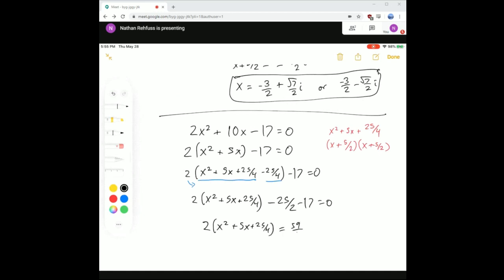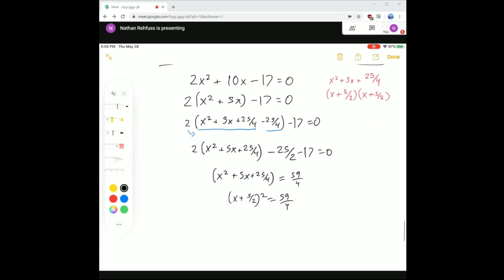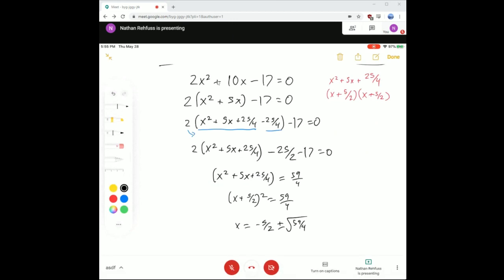And I'm going to just divide both sides by 2 right now and make 59/4. So I get that x plus 5/2 squared equals 59/4, and x is -5/2 plus or minus √59/4. Terrible, just terrible.